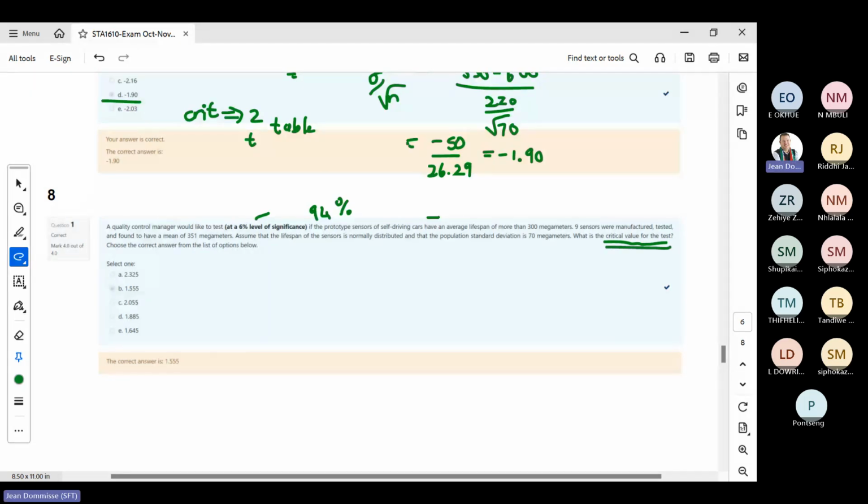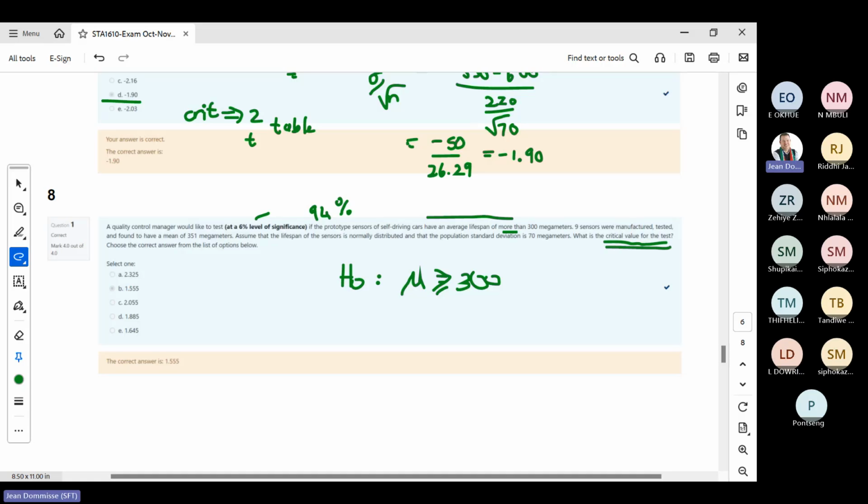So basically they want to test if the lifespan is equal to 300, that's an average lifespan of more than 300.